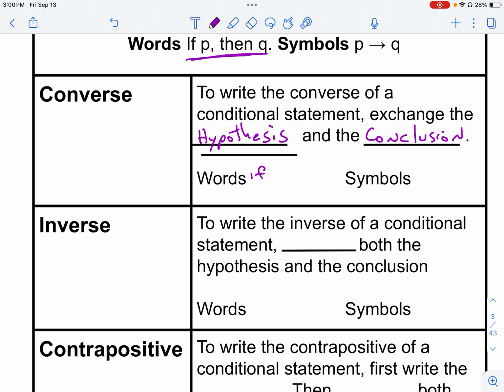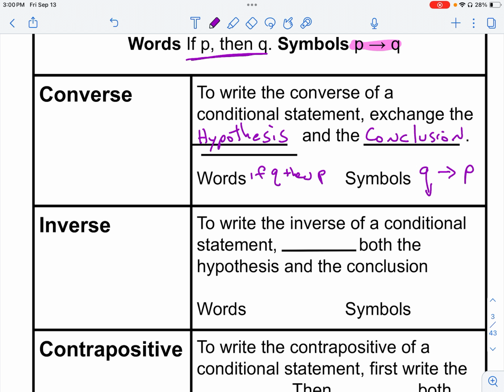So instead of if P then Q, we're going to have if Q then P. And our original P to Q is going to switch over to Q implies P. That's the converse.